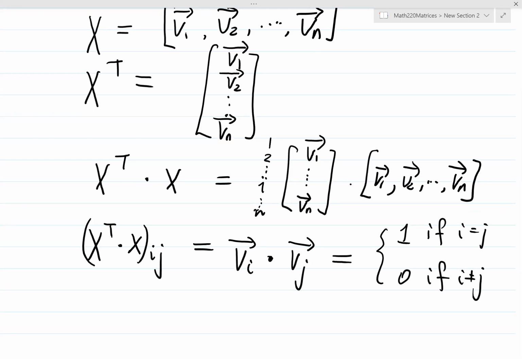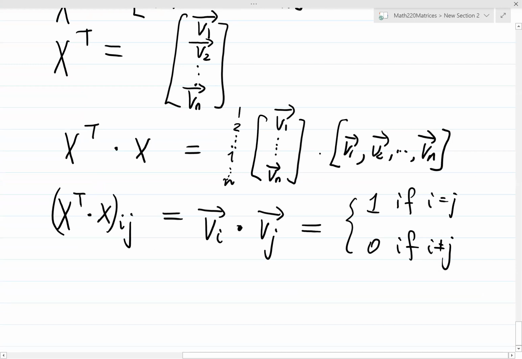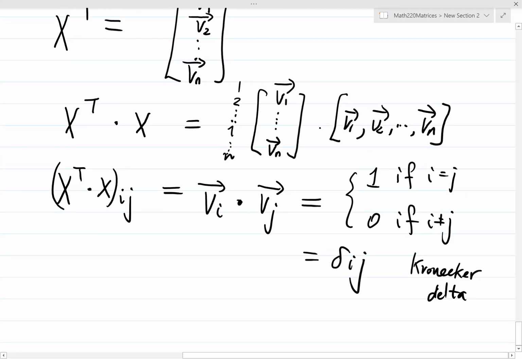So we have a notation called the Kronecker delta. The Kronecker delta is defined as 1 if i equals j, and 0 if i is not equal to j. What happens is that if i is not equal to j, this is 0, so the off-diagonal entries are 0.